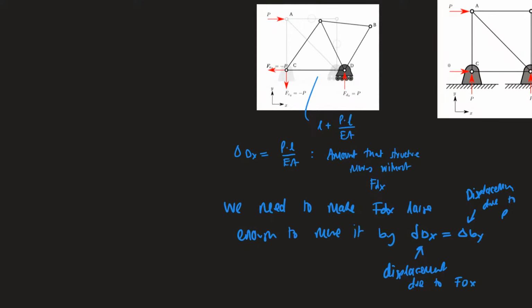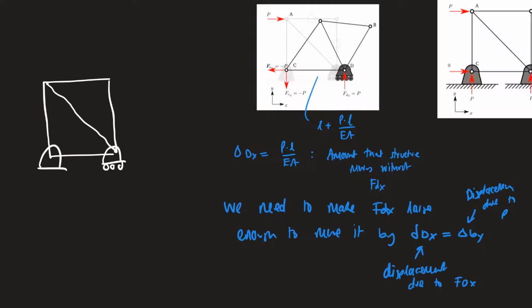So if we take this structure now again, we would just draw our structure down here. We've got our one built-in, one roller, and instead of having the external force P being applied, let's draw this completely. We don't apply the force P, we apply a 1 Newton force in the direction of FDY.